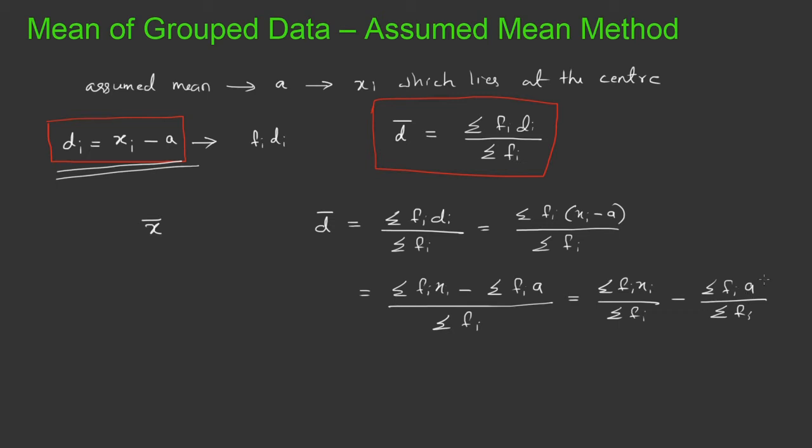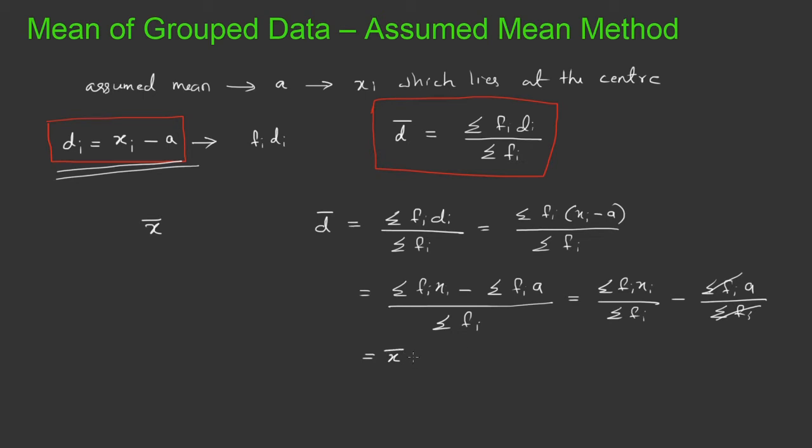We know A is considered as a constant, which is the assumed mean here. So I can cancel the sum of fi. What is sum of fi xi divided by sum of fi? That is the mean of observations x bar.